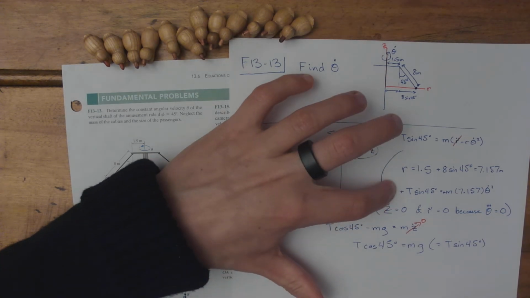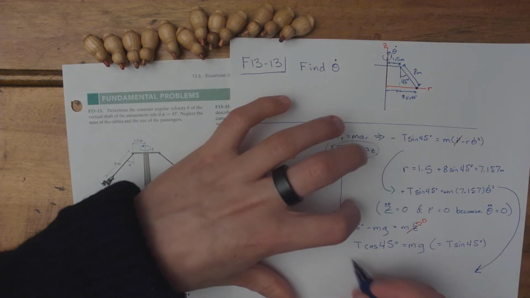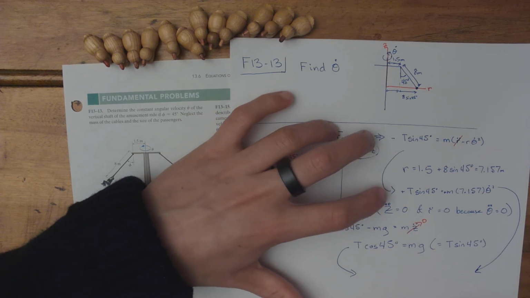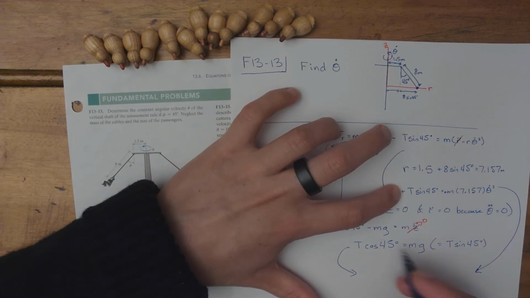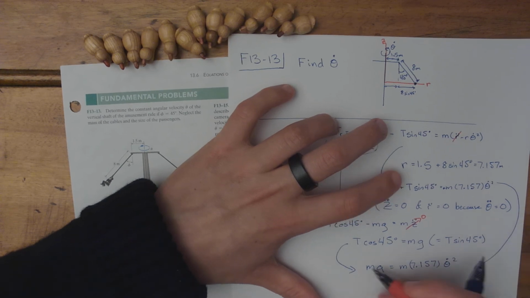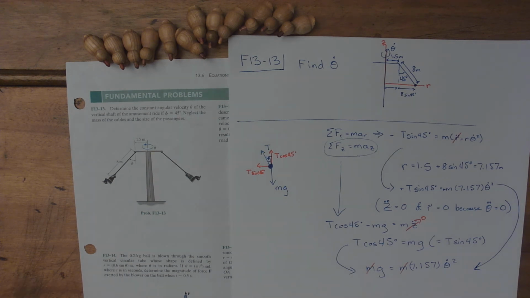So now let's go back to this equation here, and we can use both of those equations and say T sine of 45 degrees is equal to m times g, and that's equal to m times 7.157 times theta dot squared. And now the mass cancels out, and we can breathe a sigh of relief because we weren't given the mass of the passenger.